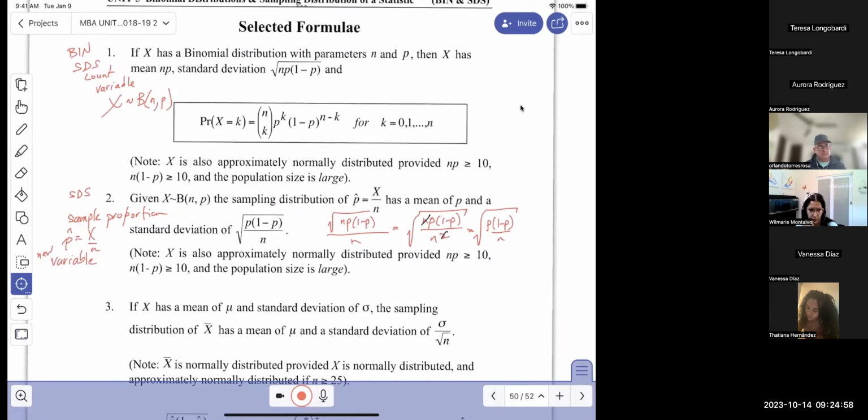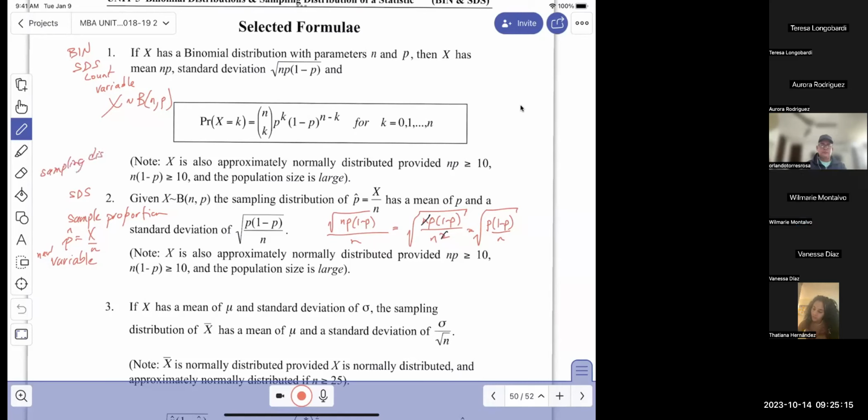So I've called it a variable, but it's a statistic as well, isn't it? Why can I call it a statistic? Because this means sampling distribution of a statistic. So X is a statistic.